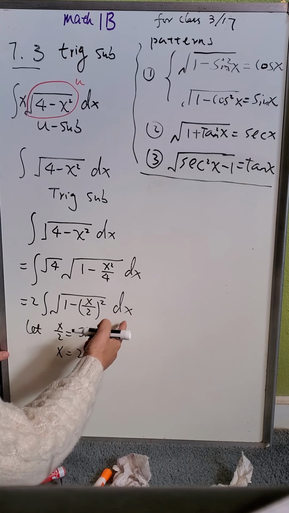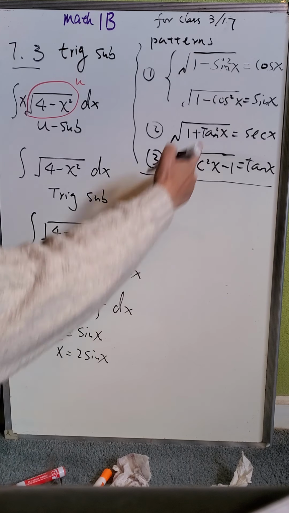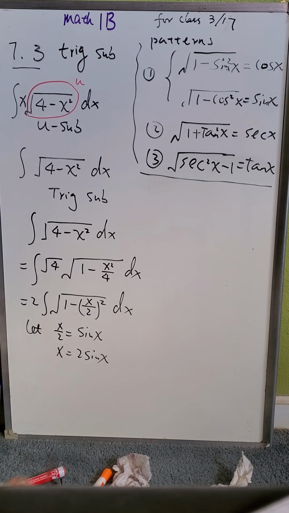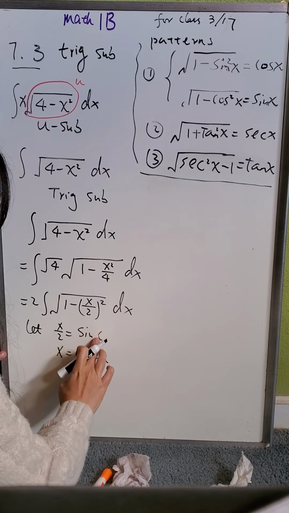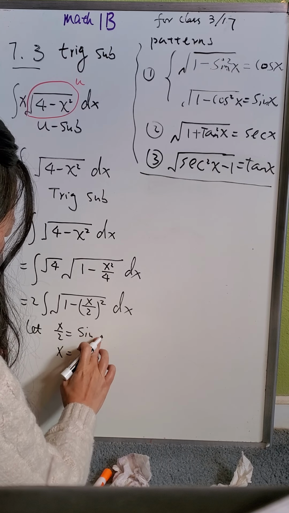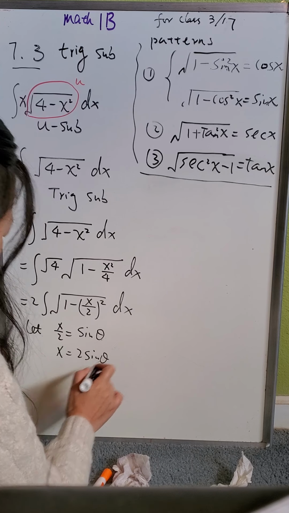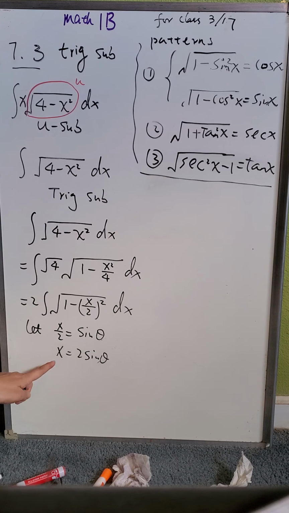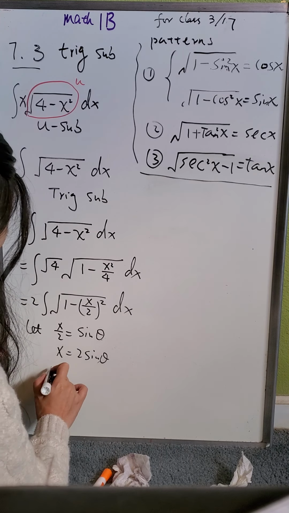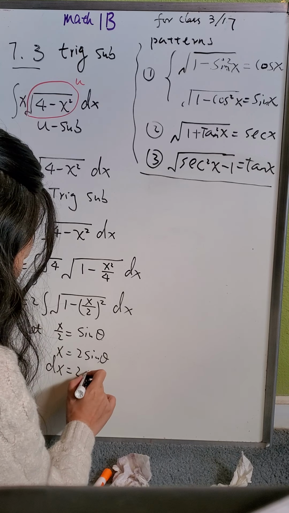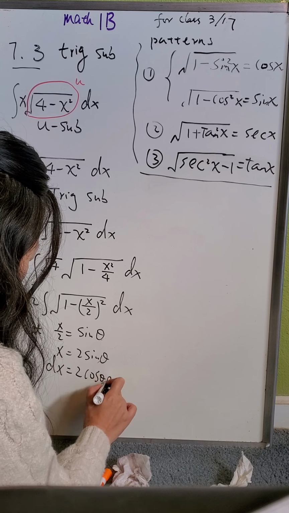Then I need to change everything in terms of that. So therefore, I'm going to take dx. Or you know what, I'm going to use a theta because of the x here, just to separate that difference. So now dx equals, taking the derivative, sine is cosine, so cosine theta d theta.